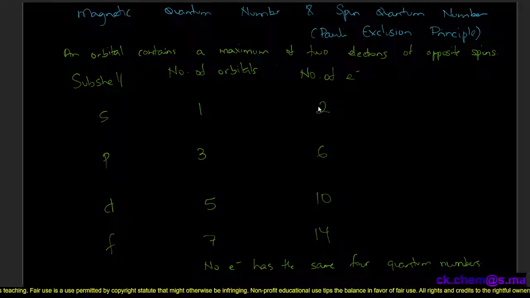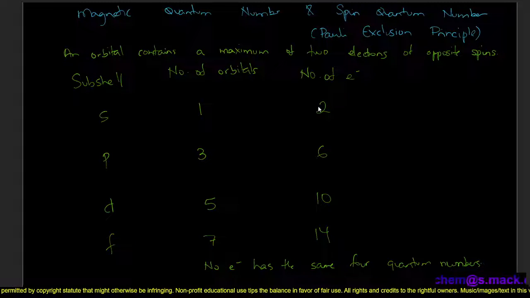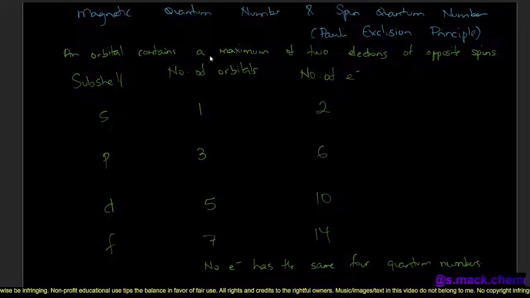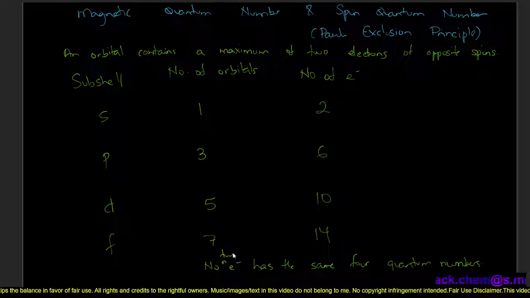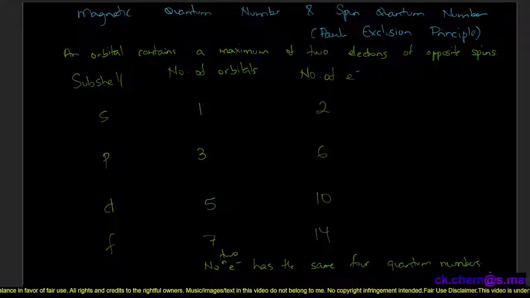I want to go on just to call it a little note about this Pauli exclusion principle. Basically, an orbital contains a maximum of 2 electrons of opposite spins, such that no 2 electrons have the same 4 quantum numbers.